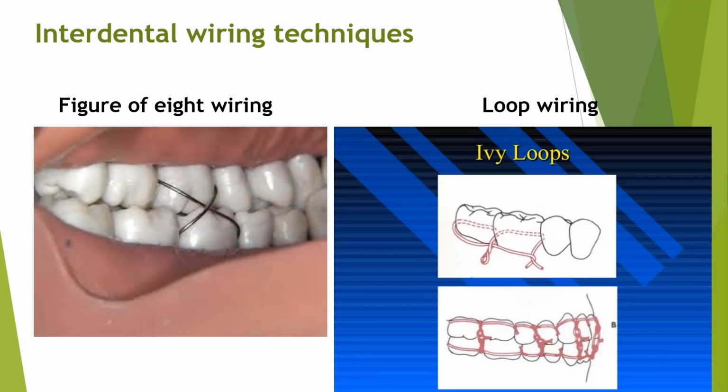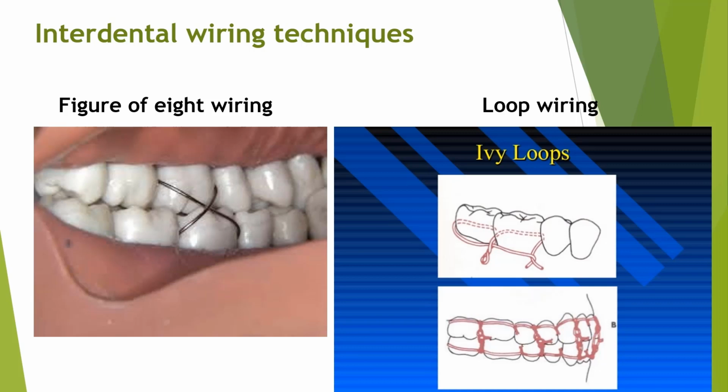Another method for immobilization, interdental wiring technique. They can be used also, but they are technically difficult. The patients may have difficulty in cleaning around the wires, and the wires may slip apically below the cervical prominence of the teeth and elevate the tooth itself.